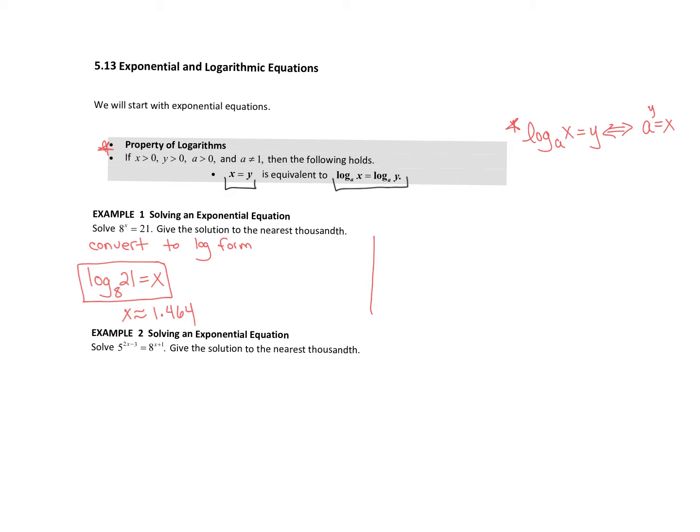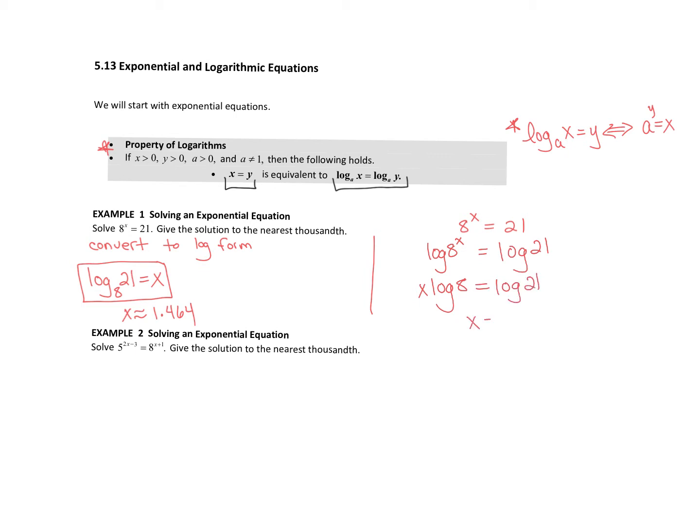If I use the original property, which says if two things are equal, such as this, then we can take the log of both sides. I'm going to take log base 10. I could take any base that I wanted to, but with base 10, I can use my calculator. We then use our properties of logs to move the exponent, which is x, down.